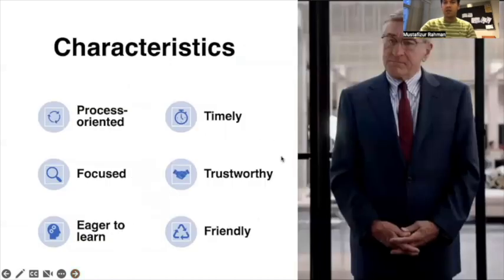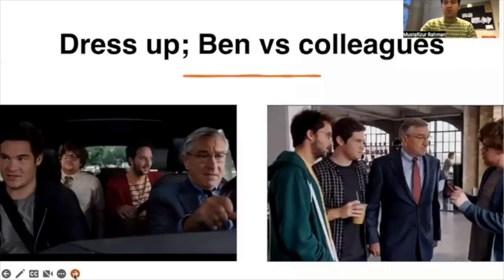First of all, Ben's character was very process oriented, focused, eager to learn, timely, trustworthy, and friendly. And he is very dynamic at his 70 years old. If we have a look at some examples, we see Ben's dress is a bit different, and he always dresses sharper than his colleagues, and it was very noticeable, and they always used to talk about it.